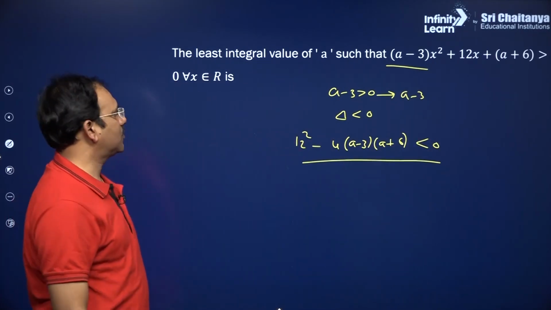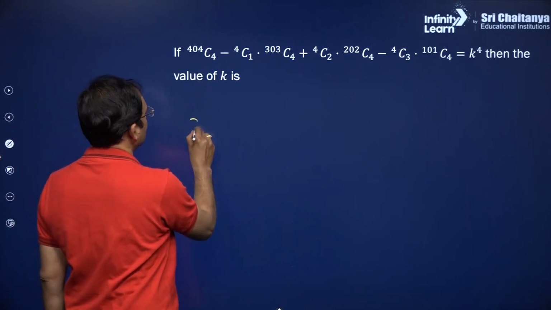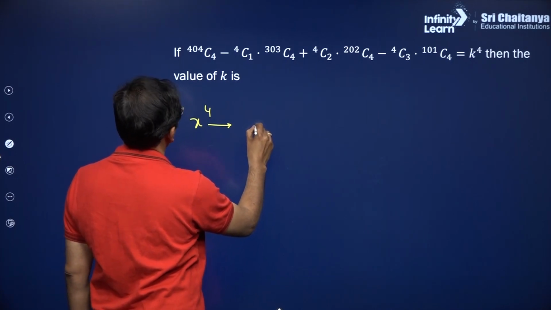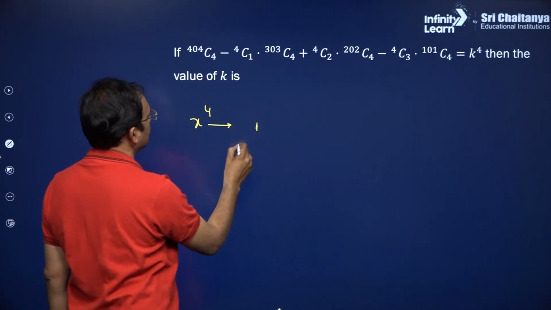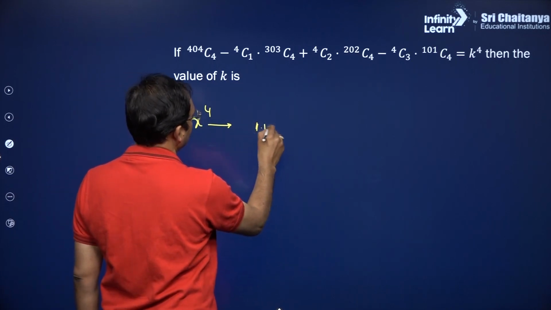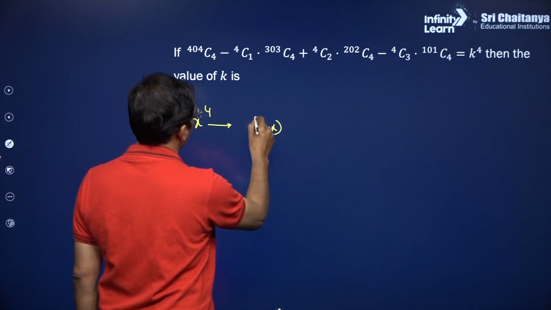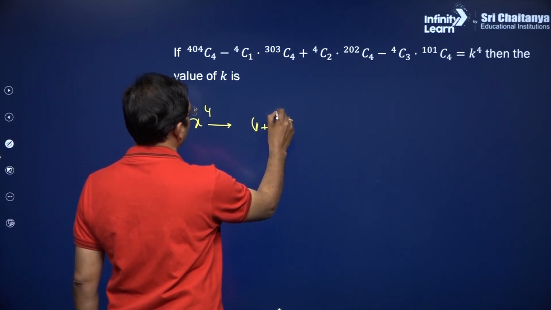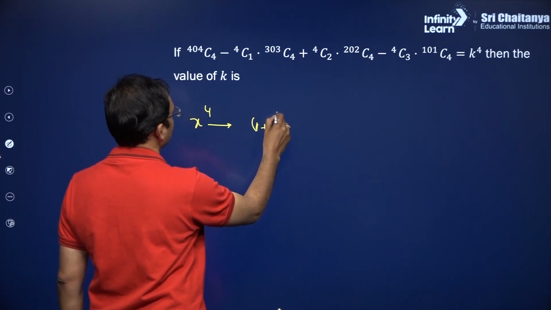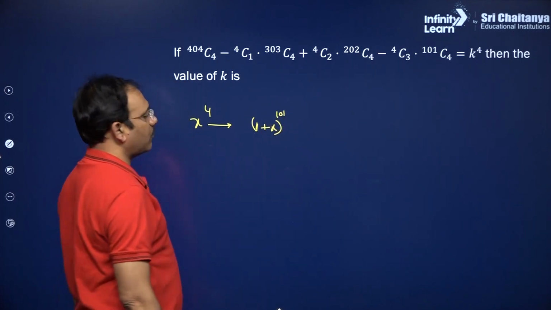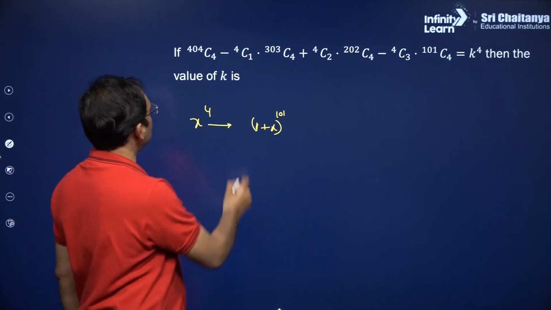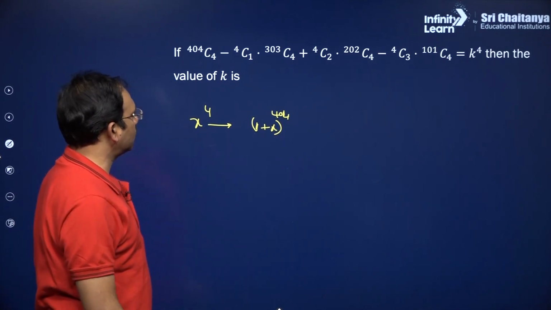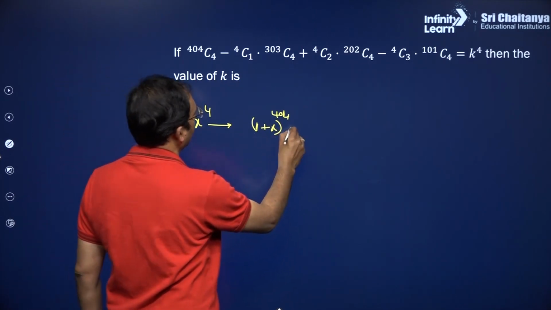Solve this quadratic inequation. Next friends, you just consider here the x power coefficient in 1 plus x, you can just write like the x power 4 coefficient, right. 1 plus x whole power 101, the x power 4 coefficient is going to be 4c4, right, 404, you are going to get the x power 4 coefficient, and minus.